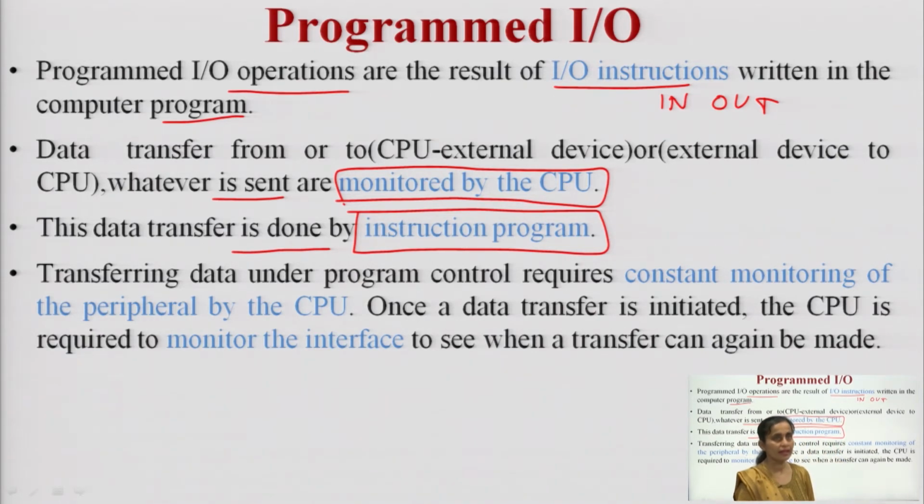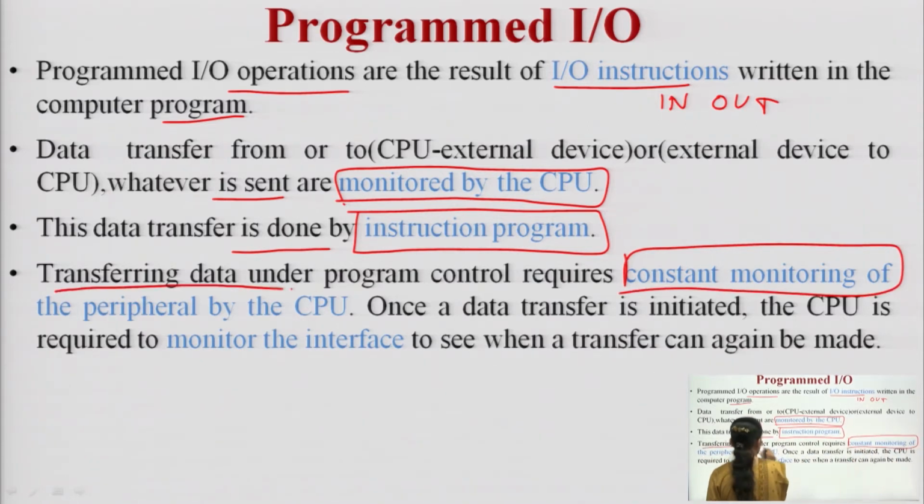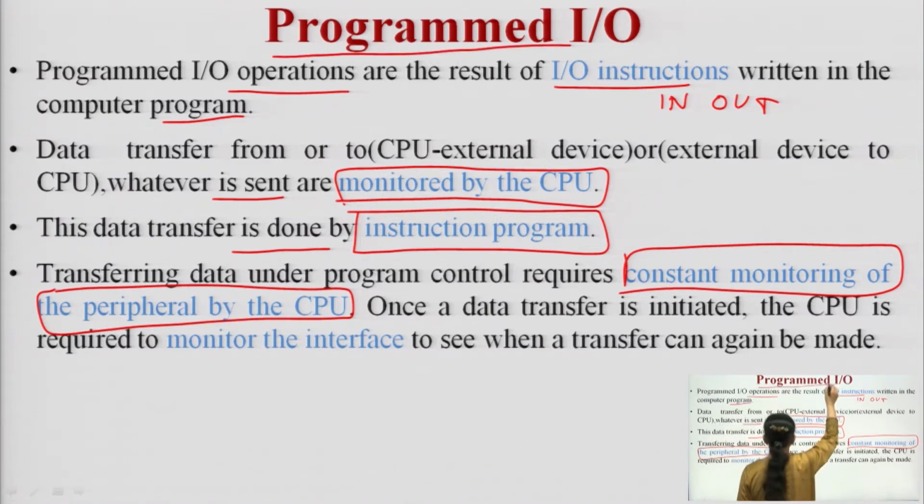This data transfer is done by writing instruction programs that are executed by the CPU and continuously monitored by the CPU. So, transferring data under program control requires constant monitoring of the peripheral by the CPU. That is the first main task in programmed IO.